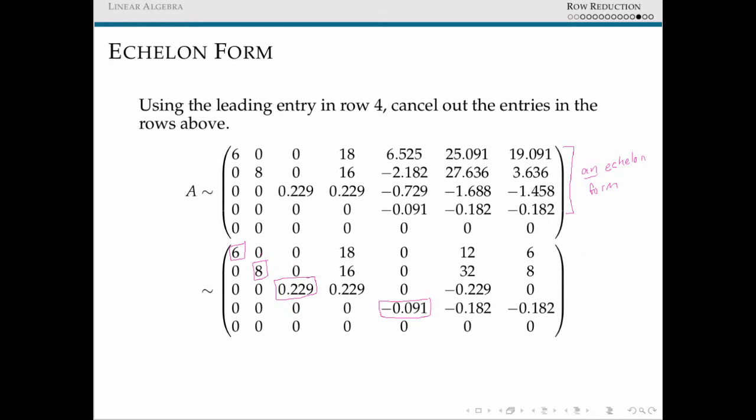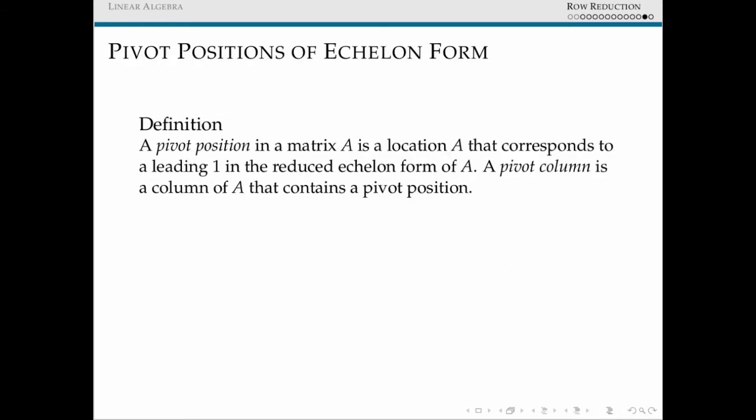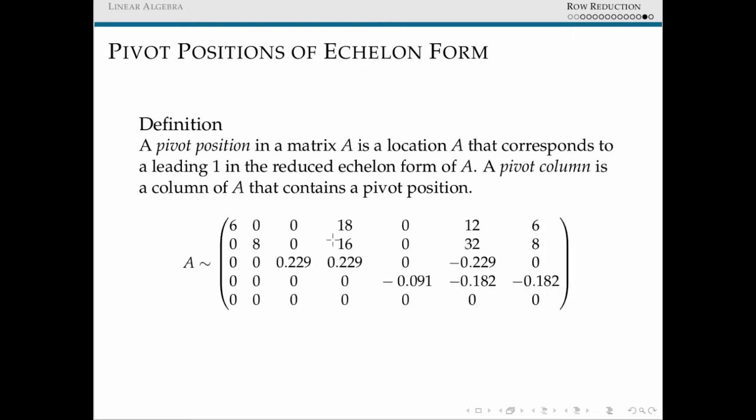So our final step to convert this from echelon form into reduced echelon form is we're going to look at those pivot positions, which are exactly the places, let me make this appear, sorry. Our pivot positions are the location of what will be a leading one after I convert this into reduced echelon form.